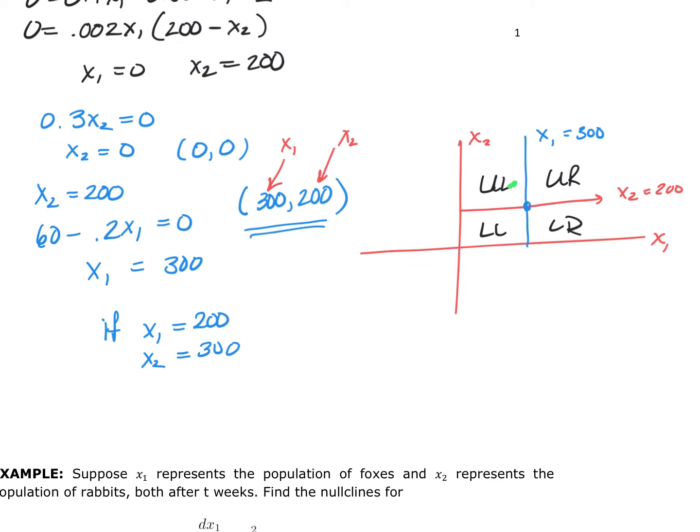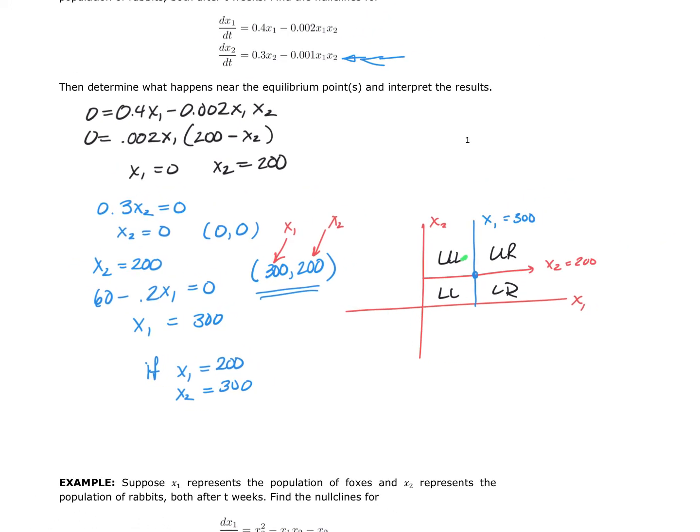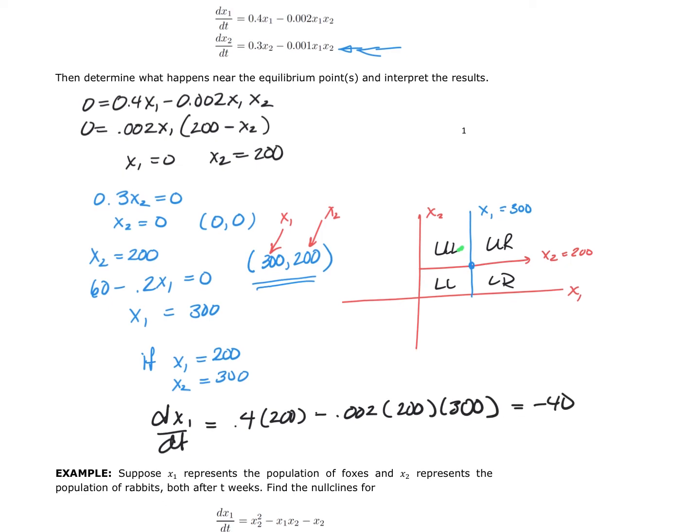So what I'm going to do then is put these into the two derivatives and determine what's going on. So I go back and I say, okay, my derivative d of x sub 1 dt is going to be equal to 0.4 x sub 1, which is 200, minus 0.002 times 200 multiplied by 300. I'm going to get my calculator out, and this is equal to a negative 40.